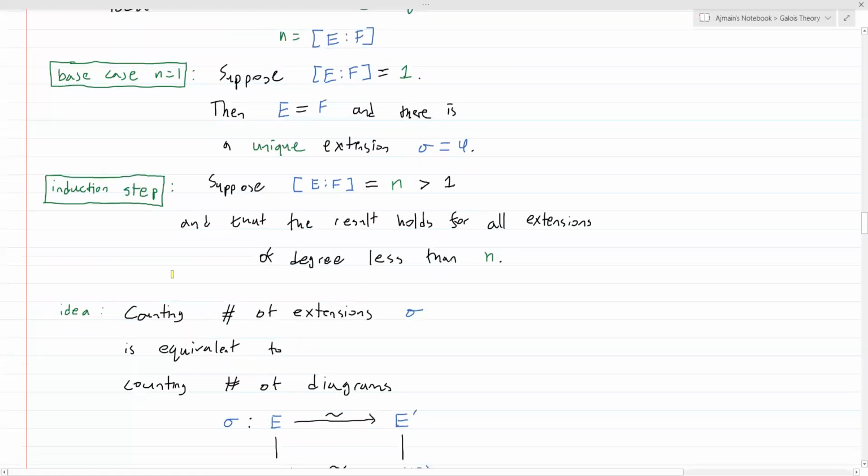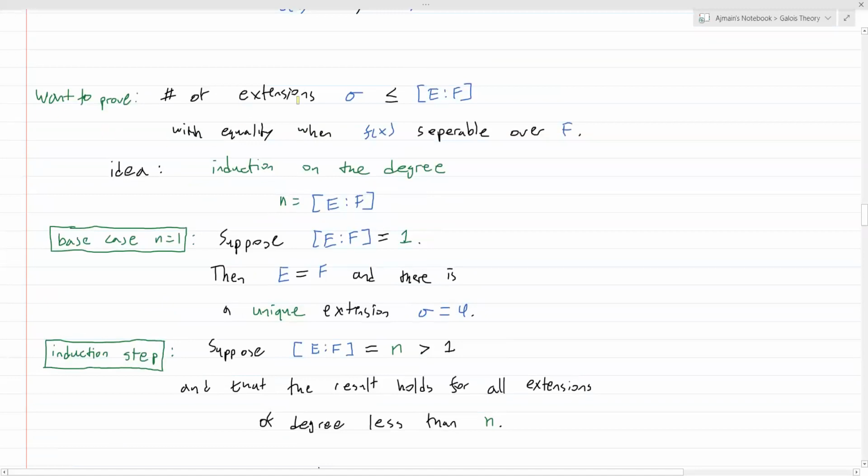Now the induction step. So in this induction step, we're thinking about the case where the degree is equal to n, which is greater than 1. We already considered the case n equals 1. So assume n is greater than 1, and also assume that the result holds for all extensions of degree less than n. So this statement is the induction hypothesis. And again, what do we mean by the result? It's this thing that we want to prove: the number of extensions is at most the degree.